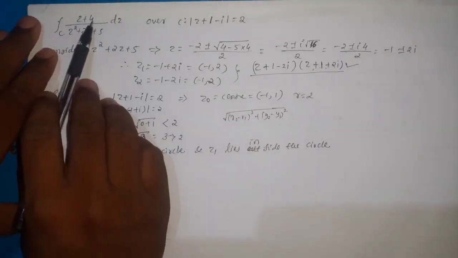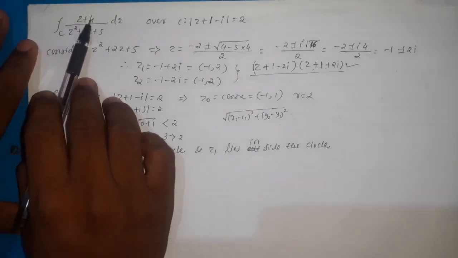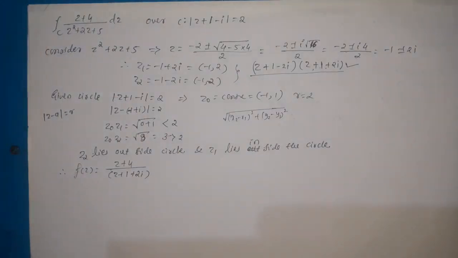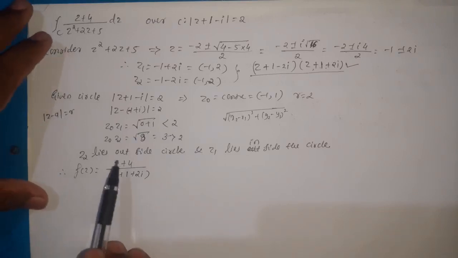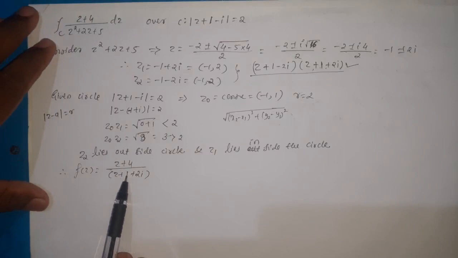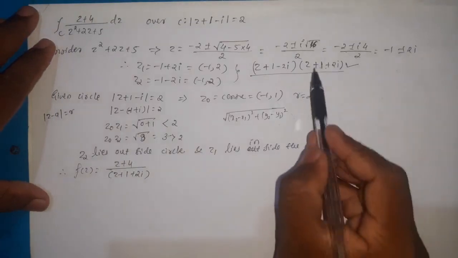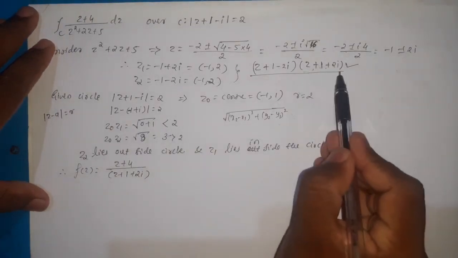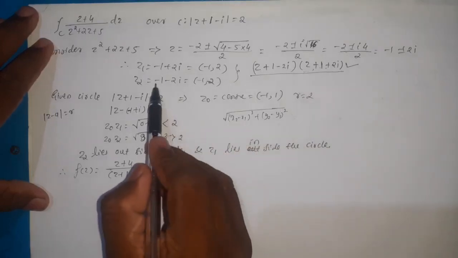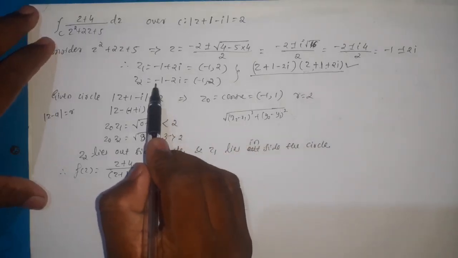So usually we consider f of z as z plus 4, but whenever the point lies outside the circle, the corresponding part of the denominator can be considered as part of f of z. It is only when the point lies outside the circle. Now z plus 4 divided by z plus 1 plus 2i, that second factor, corresponds to the point which lies outside the circle.